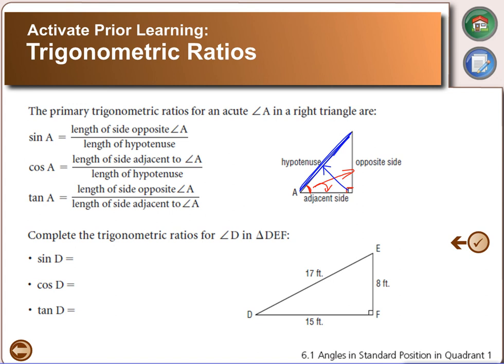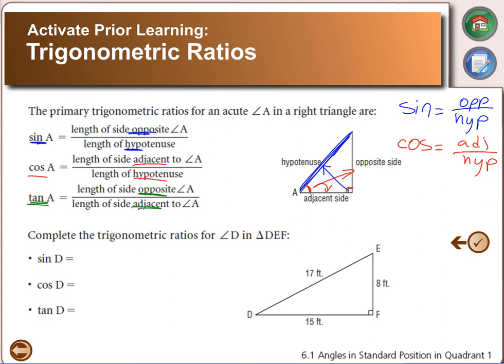So we've got sine is the opposite over the hypotenuse. We've got cosine being the adjacent compared to the hypotenuse. And then we've got our tangent being the opposite compared to adjacent.